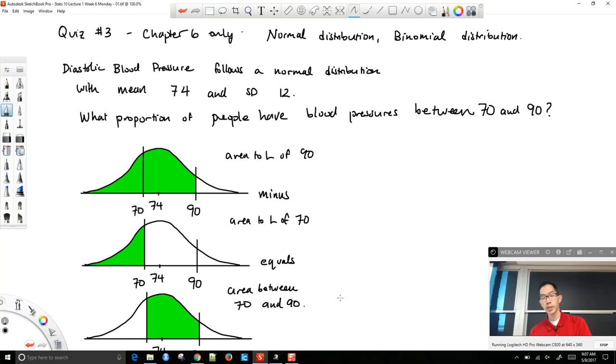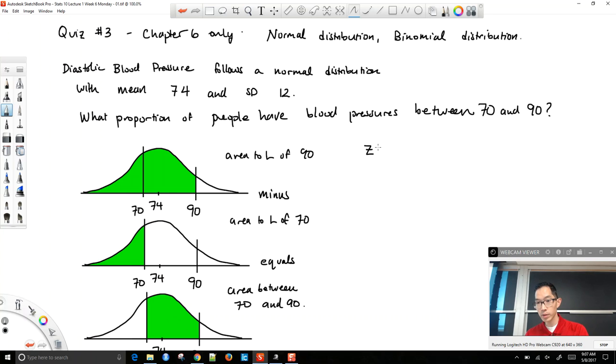So we find the total area to the left of 90. We subtract off the area to the left of 70, and what we'll be left with is the area between 70 and 90. Once we have this set up, then it's not so bad.